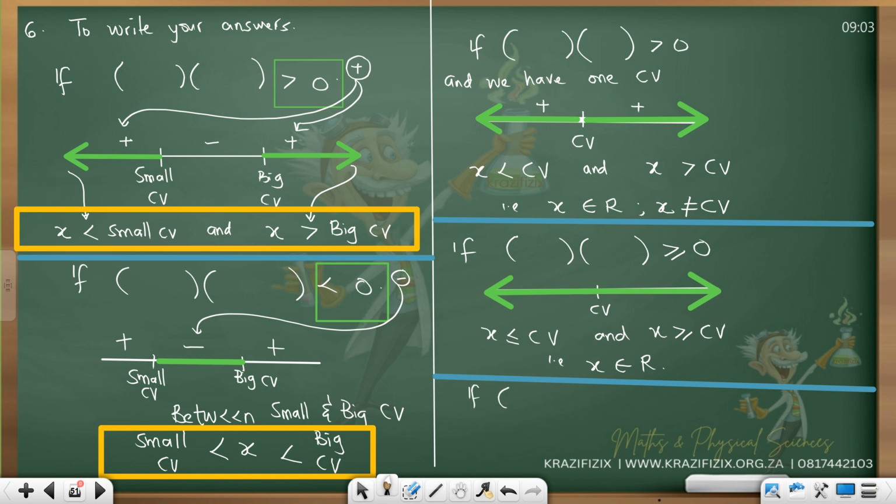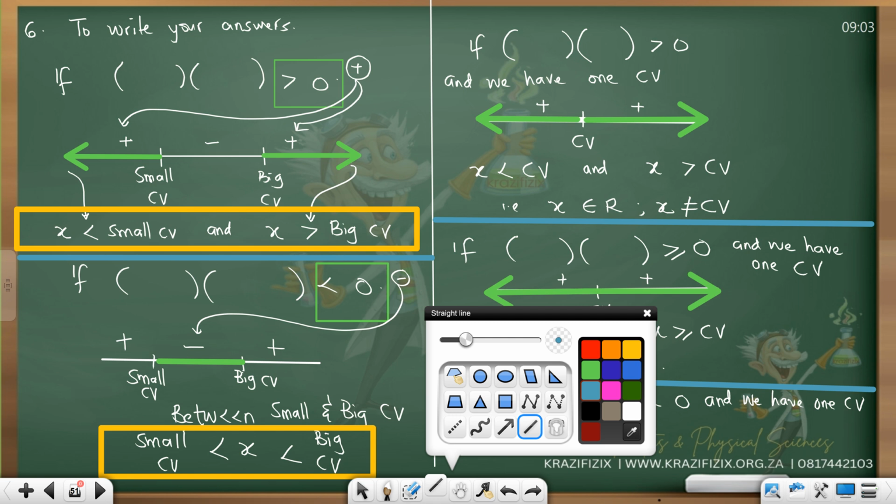If this and that less than 0, remember we have one CV here, right? And we have one CV. Remember, it's a plus and a plus. And we have one CV.